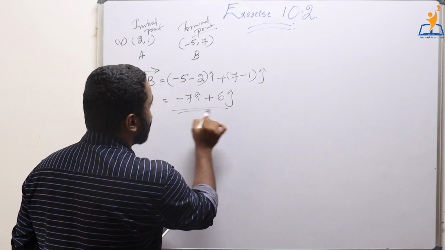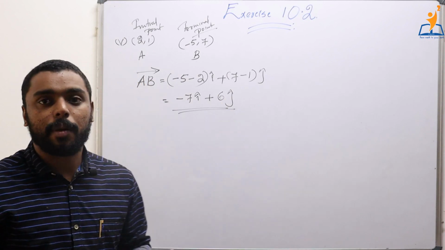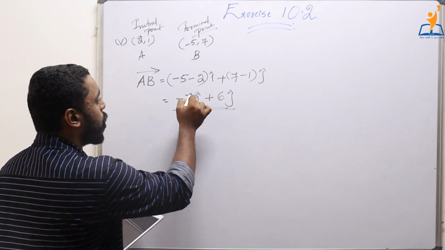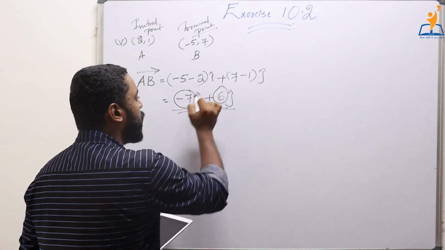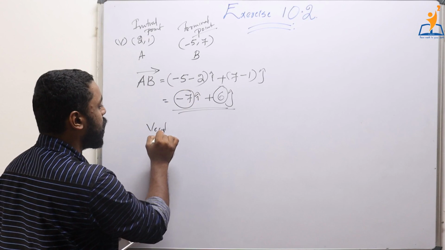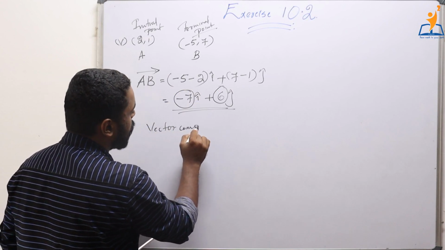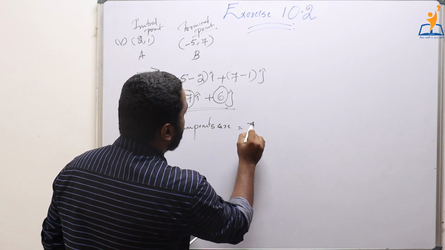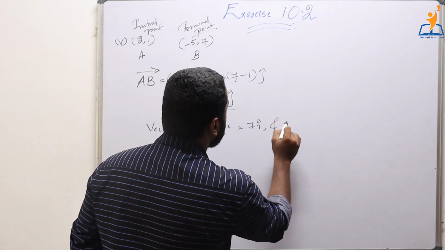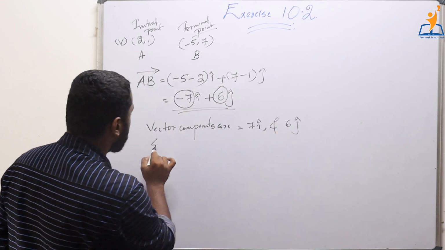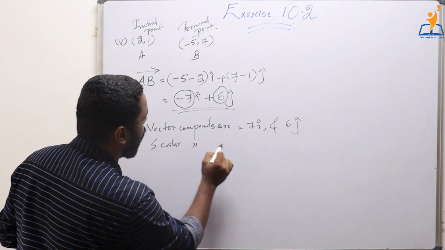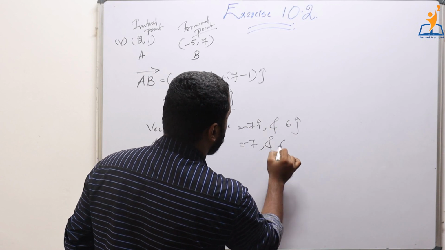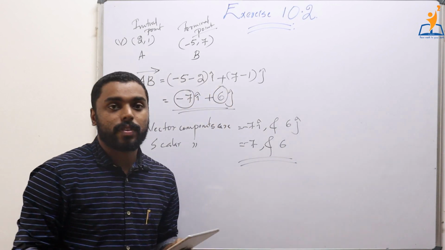So -7 i cap and 6 j cap are the respective vector components, whereas the scalar components are nothing but the corresponding coefficients. So vector components are -7 i cap and 6 j cap, whereas scalar components are -7 and 6. So this is the answer of the 5th question.